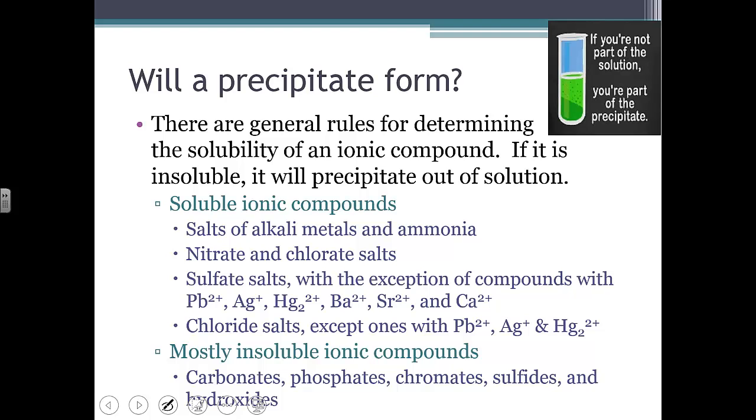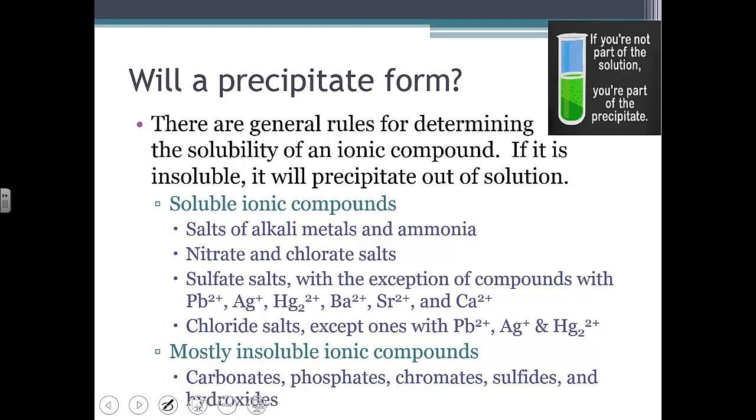Now remember, salt just means where you have a positive and negative ion coming together. So nitrate and chlorate salts are soluble. Sulfate salts are soluble, but with a few exceptions. So it's insoluble if sulfate is with lead 2, with silver, with mercury 2, with barium, with strontium, or with calcium.